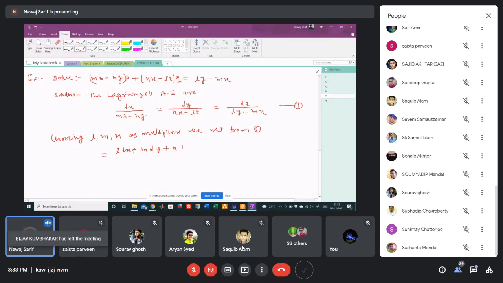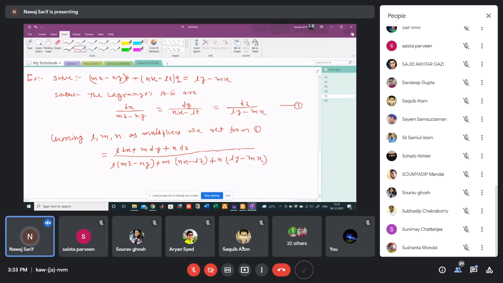You will get n dz divided by: when you multiply this by l, this gives you l into (mz minus ny), then add, and multiply by m into (nx minus lz), and multiply the last term by n, which is (ly minus mx). So look at the denominator here.